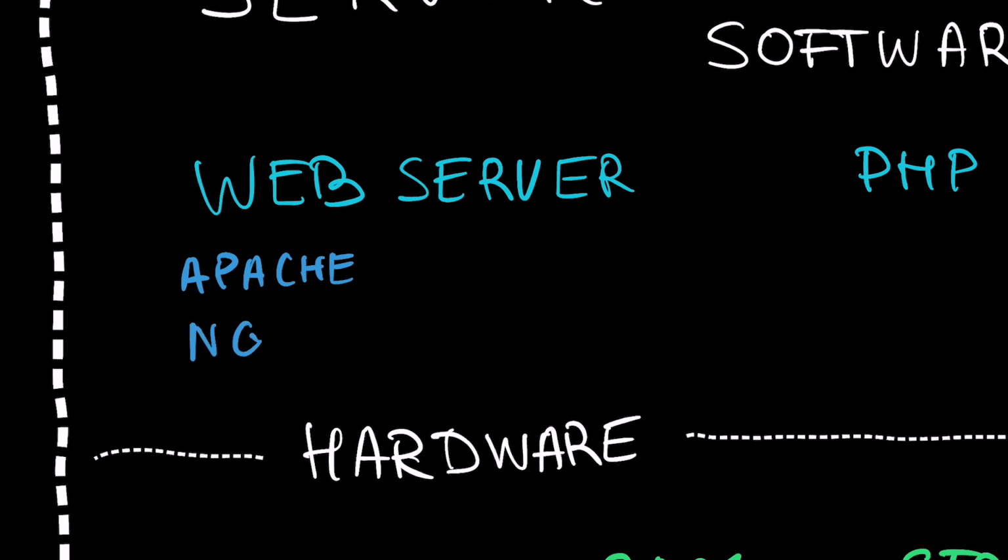Then you have Nginx, which is probably one of the fastest ones, still free and a very good one. Has many different options like a proxy, a reverse proxy that works brilliantly fast.